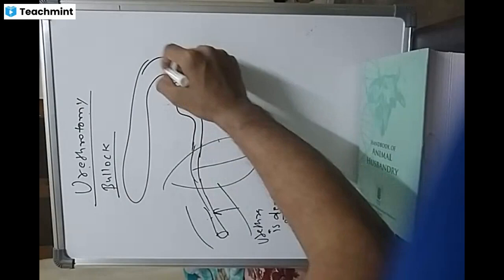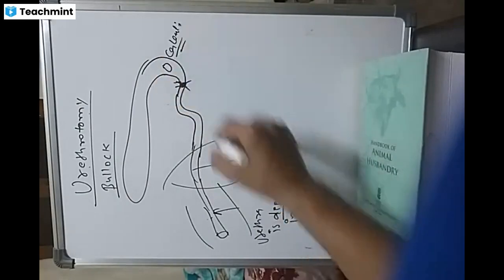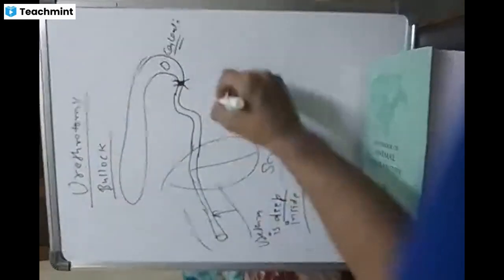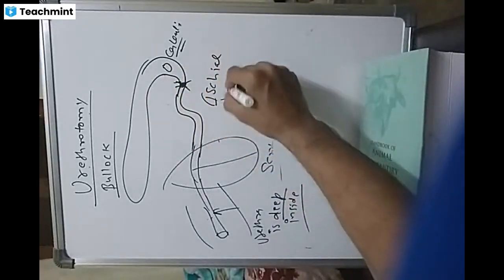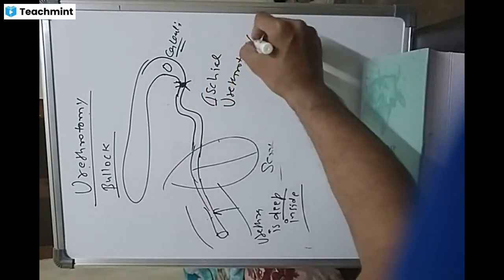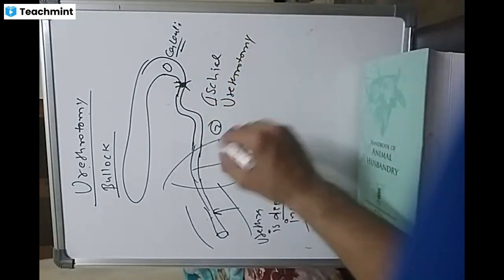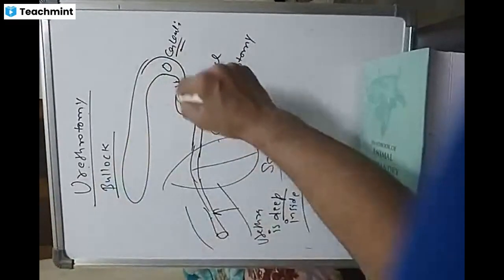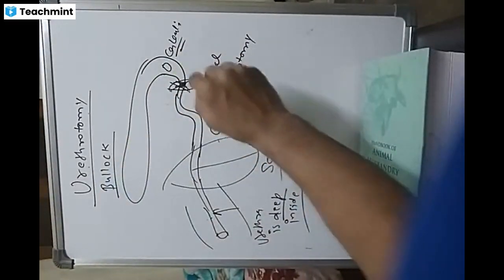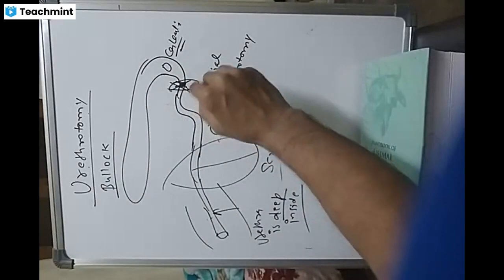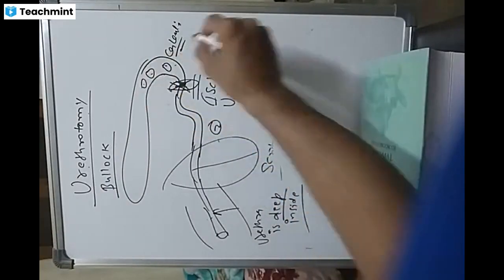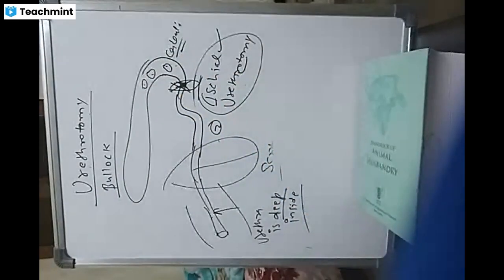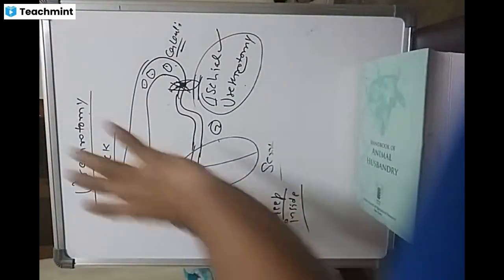If the calculi is distal to the sigmoid flexure, then the post scrotal approach will go for urethrotomy. Second, if the first most common site, distal to the sigmoid flexure, is not it, then the upper approach is called ischial urethrotomy. So this was about urethrotomy in the bullock.